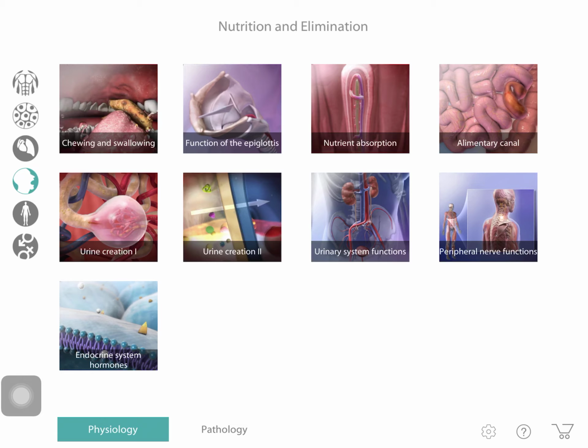Sometimes, due to malfunctioning during the process, more materials get filtered here. So the materials which are essential, some minerals, some ions, some water, some metals, get filtered through the process of urine formation.